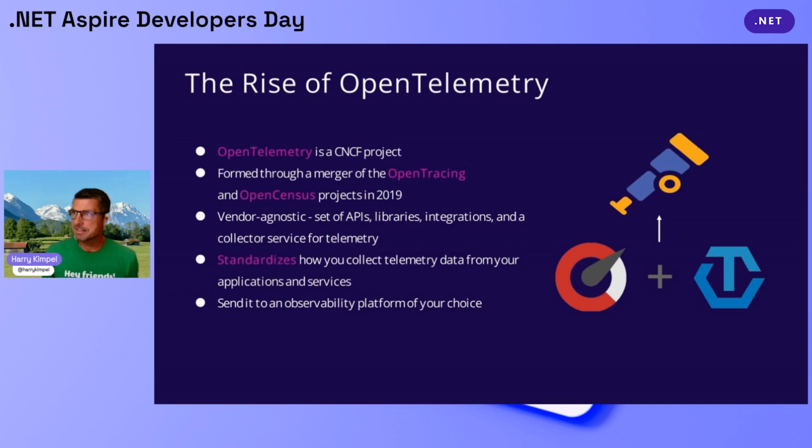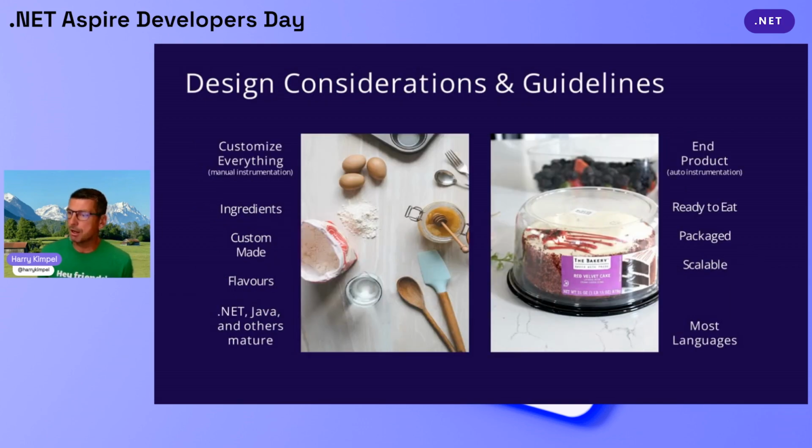I have a slightly different picture, but it explains the same concept that Matt also already talked about. There are typically some design considerations and guidelines that you want to keep in mind. One is auto instrumentation, and the other is manual instrumentation.